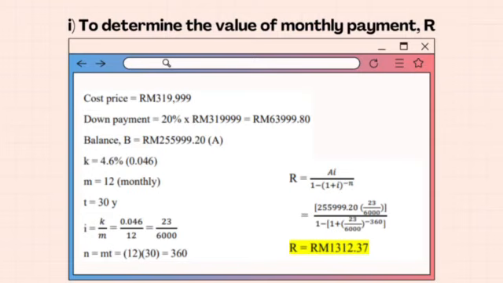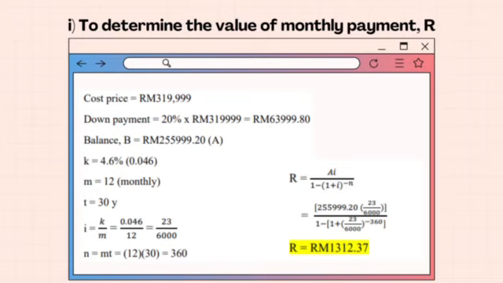The balance B is equal to RM255,999.20, which is also known as A, the present value. K indicates the annual nominal rate, which is 4.6% equals 0.046. M is the frequency, which is 12. T is the time lag in years, which equals 30 years.